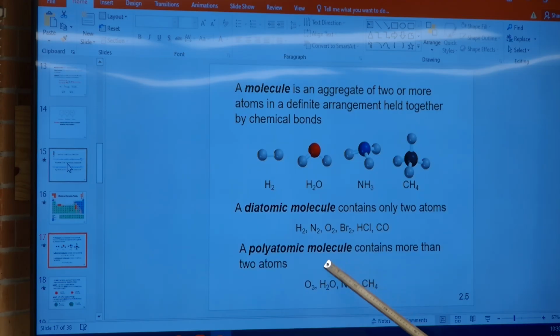If more than 2 atoms bond with each other to form this molecule, we just call them polyatomic. Like this, water, you have 3 atoms bonded with each other, polyatomic. Ammonia, 4 atoms bonded with each other, then tetra-atomic. Anything more than 2, overall we call a polyatomic molecule.